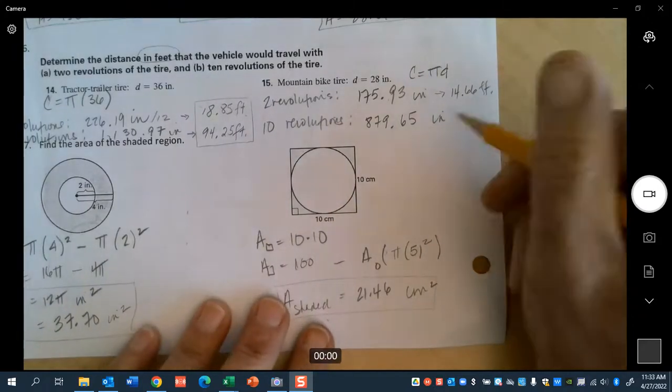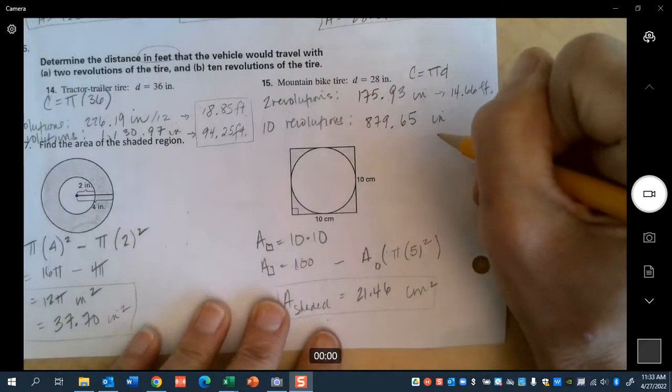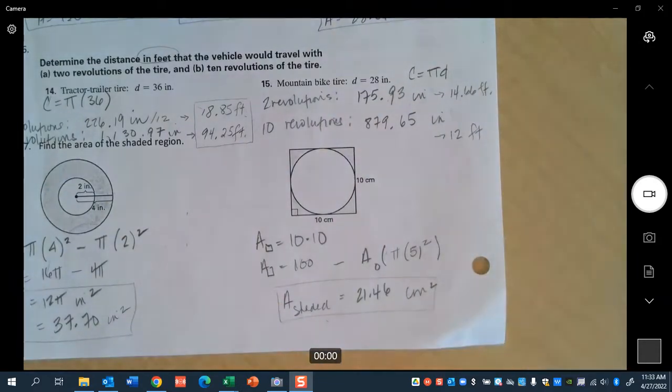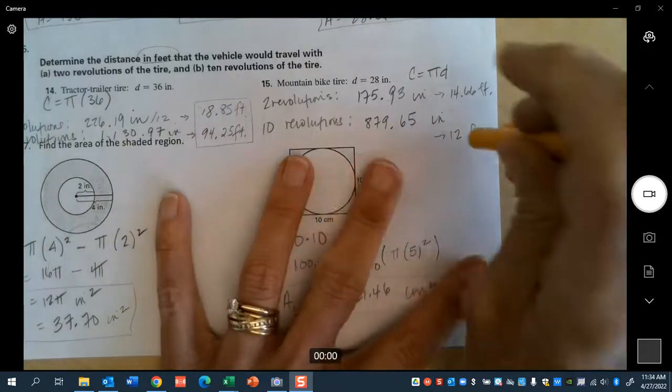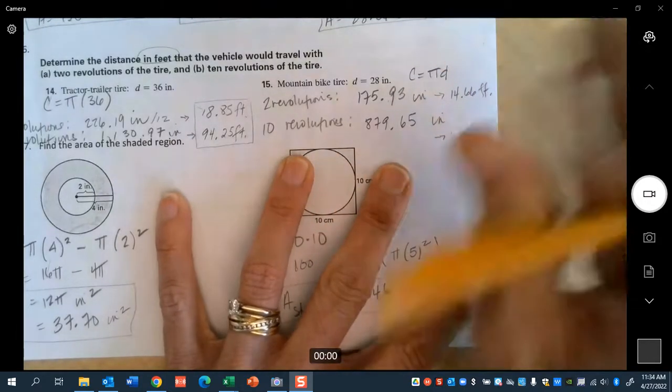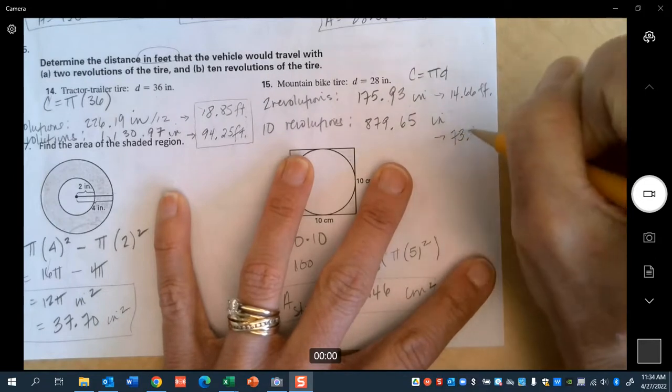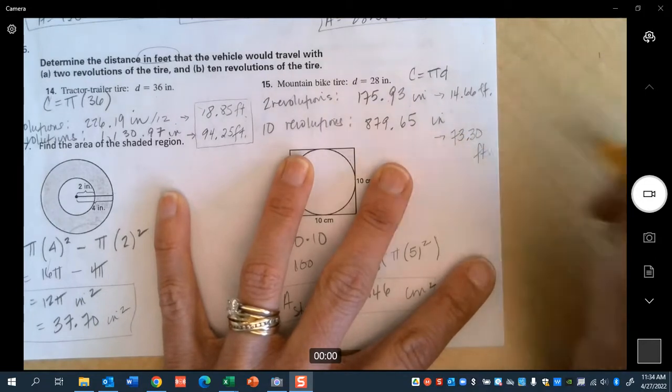Oh, this one comes out even. Isn't that weird? Oh, that's not right. I messed up on my buttons. It's not even close. So 73.30 feet. Does that look right?